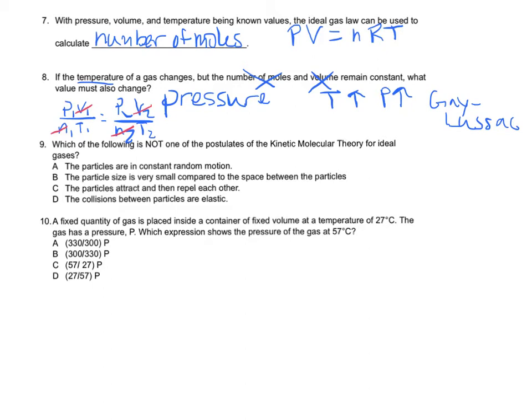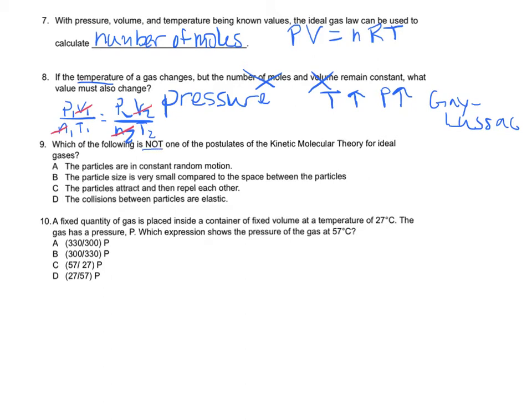And they're always in constant random motion, and they move in straight lines until they collide with something, and those collisions are perfectly elastic. Okay, this is straight from your notes that I gave you at the beginning of the gas law stuff. So let's see if we can find one that is not true.